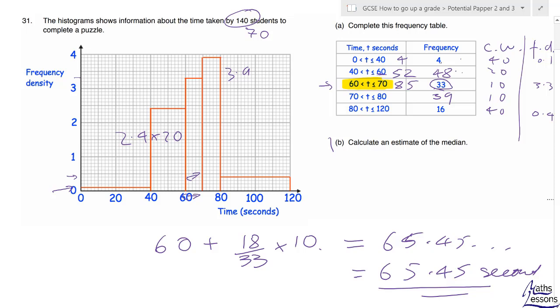Now, if you take away the 52 that were already in the groups before that, there's only 18 that we're interested in before we get into that group. So there's 18 out of the 33 who are going to be less than our median, or take us to our median. So we do 18 divided by 33, and then we times by the class width for the group to work out what fraction we're going to go into that group to get our median value.